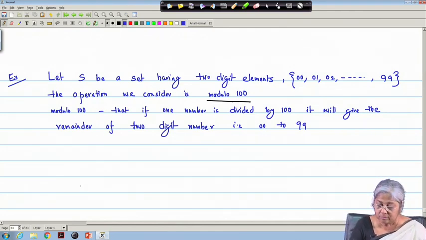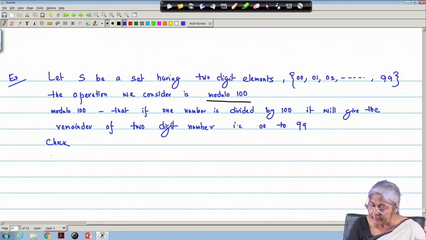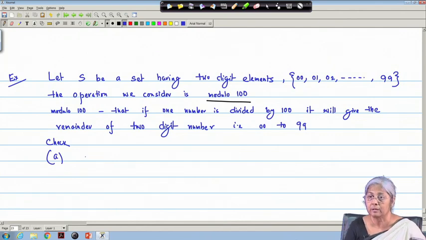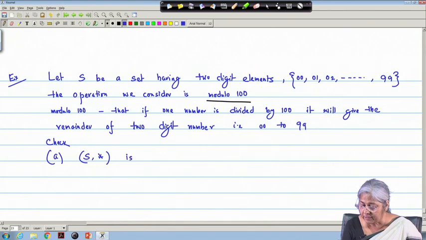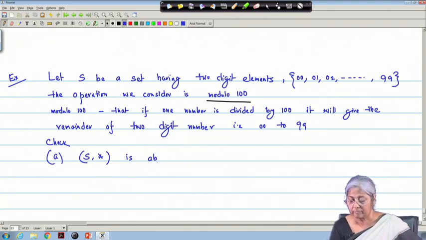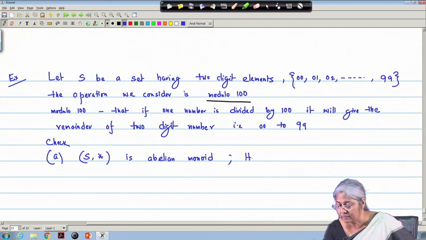Now we have to check the following. The first is whether (S, *) is an abelian monoid.